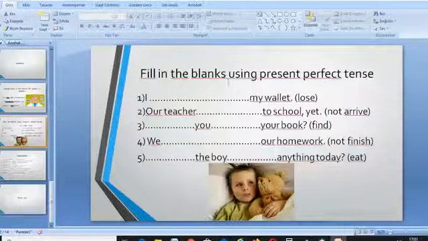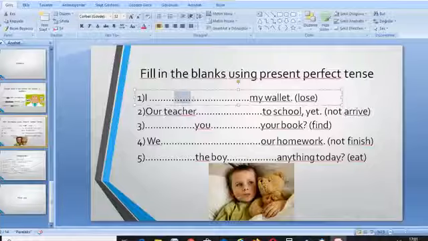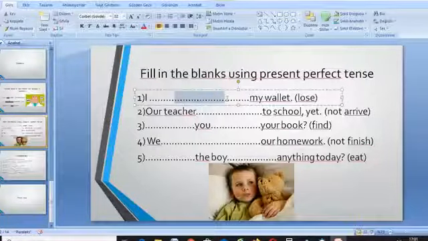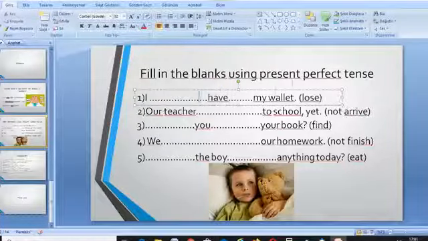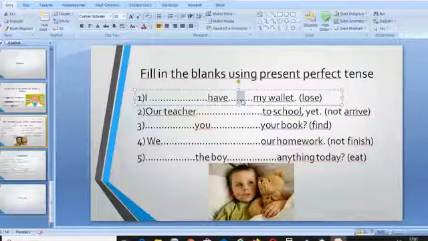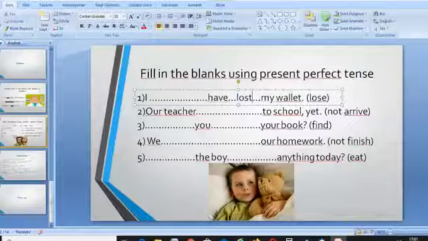Look, now this time, fill in the blanks using present perfect tense. My wallet, lose. So what do we use? We use I have, of course, and I have lose. The past participle is lost.